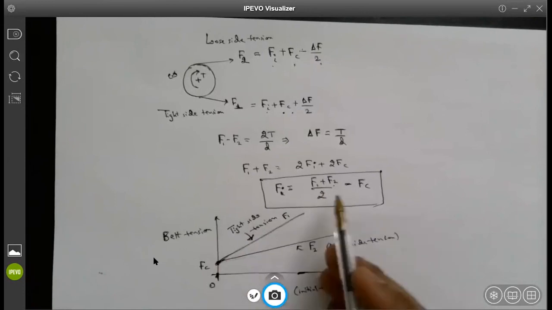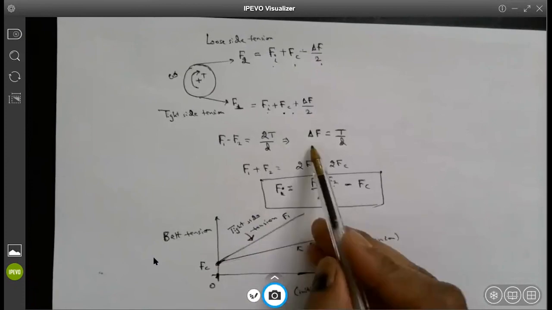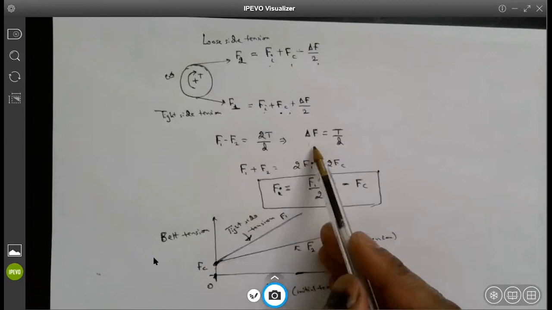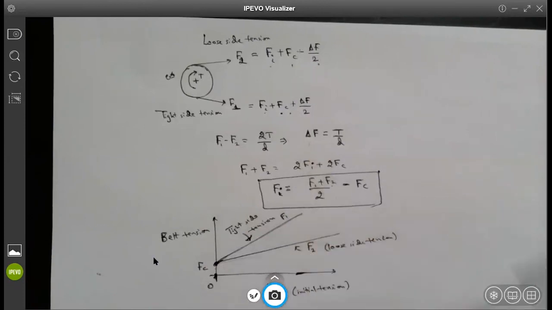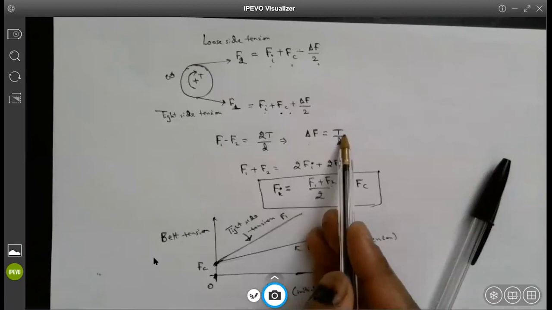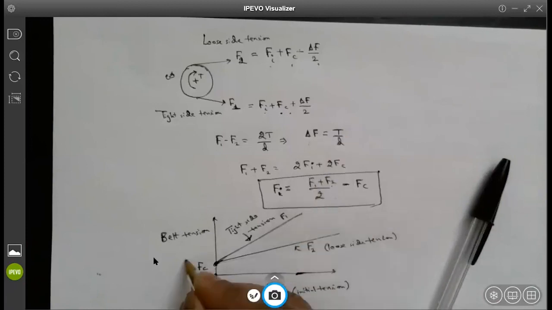In that case, what will be delta F? F1 and F2 are both same. What will be delta F then? 0. And if delta F is 0, what will be the torque being transmitted? 0, right?